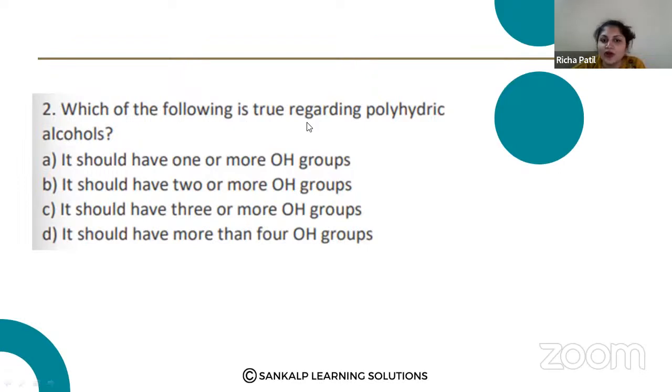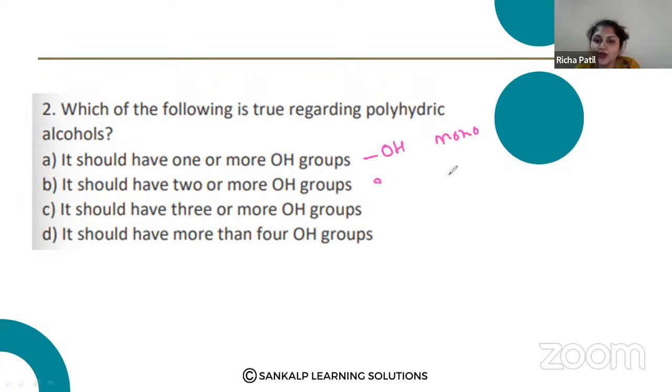Next, which of the following is true regarding polyhydric alcohols? What do you mean by polyhydric alcohols? Yes, Lohit Kumar, it is D. When you have only one OH group, it is said to be monohydric.